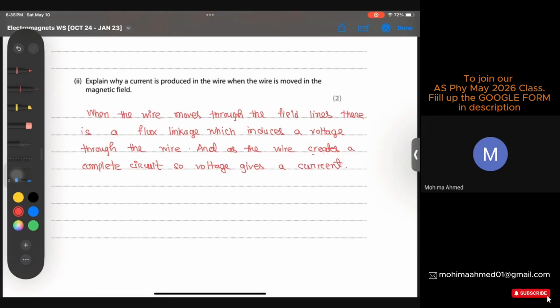So voltage gives a current, right? That's your final answer. By the way, this is again a repeated question here.